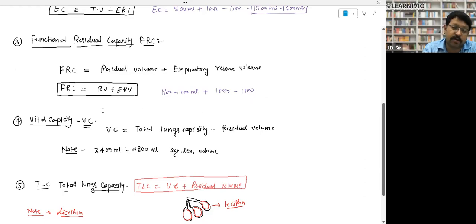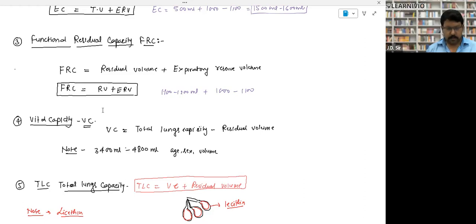So this is called FRC, functional residual capacity, right? Note down, please. Done?